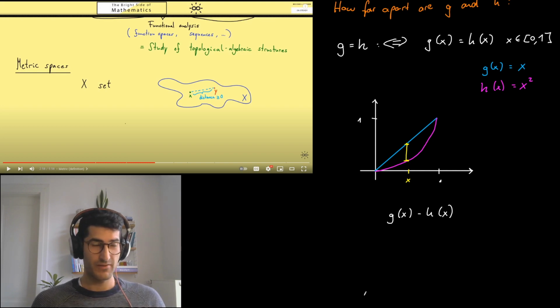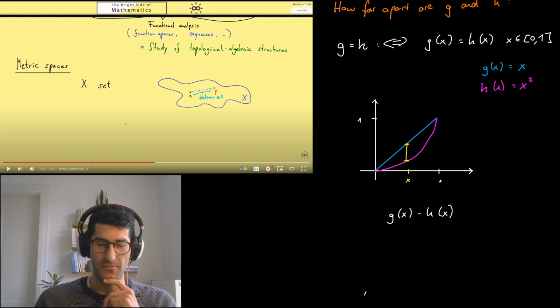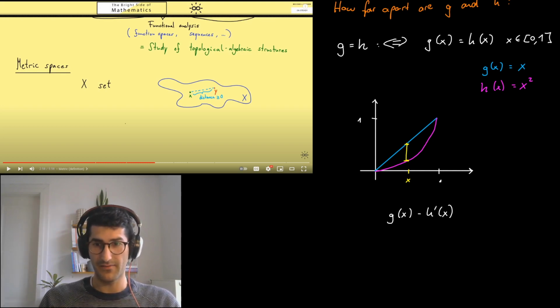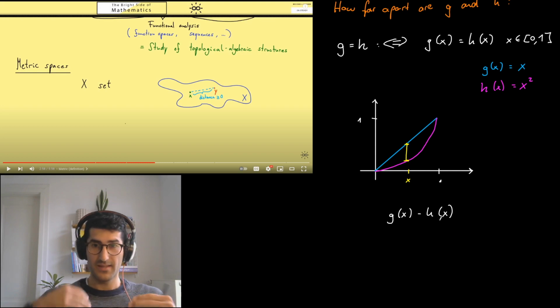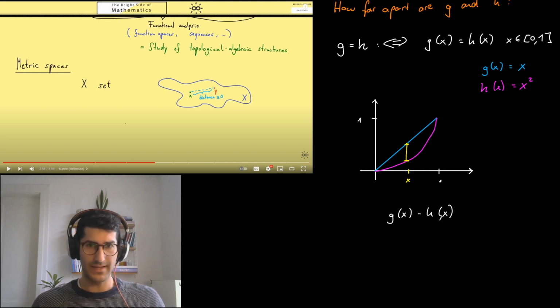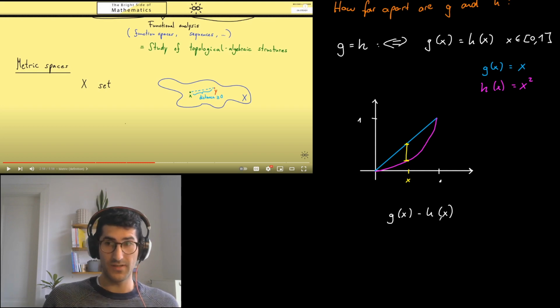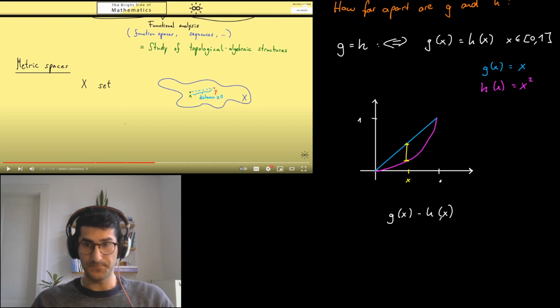So what else would we like to have for this distance? Note that g of x lies above h, so this value is larger than the value h of x, but it could as well be the other way around, and then we would get a negative distance, which would be something like not only a distance but also a direction, and we want this to be excluded from our definition of distance. So the distance should always be, just like the video said, something positive.